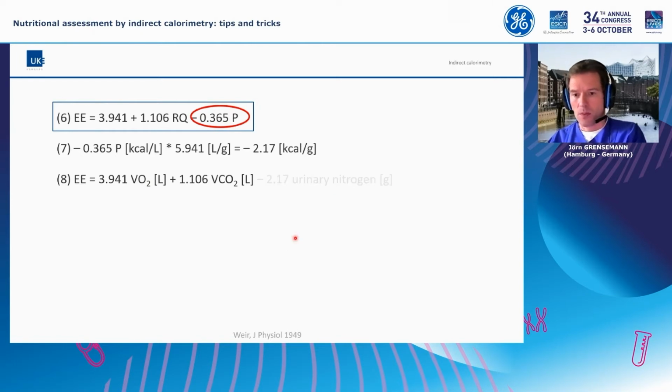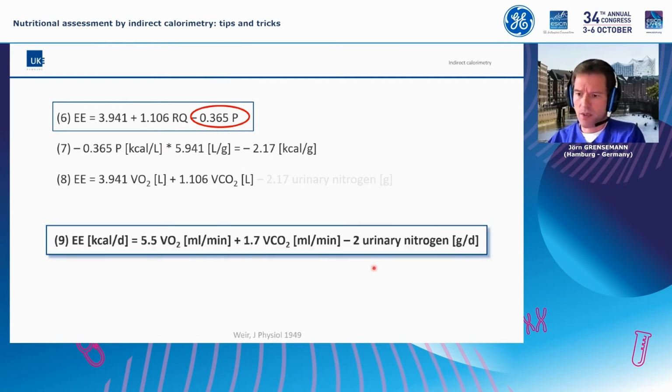So this is not really much. 2 kilocalories being subtracted for every gram of protein. It doesn't really matter if it's 10 grams, 20 grams, 30 grams. This would be just 20, 40, or 60 kilocalories being subtracted in this last term.